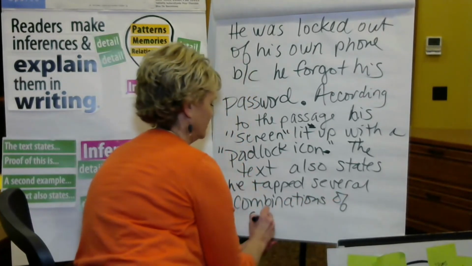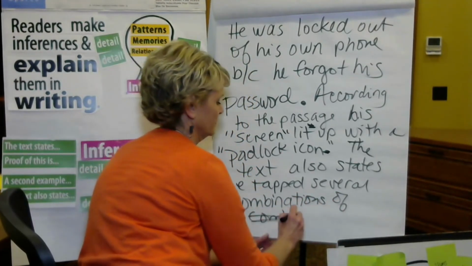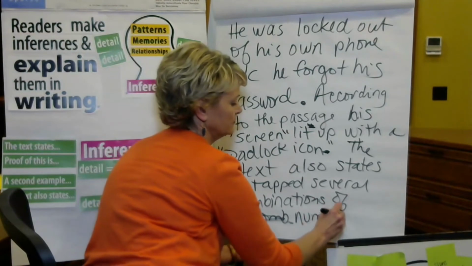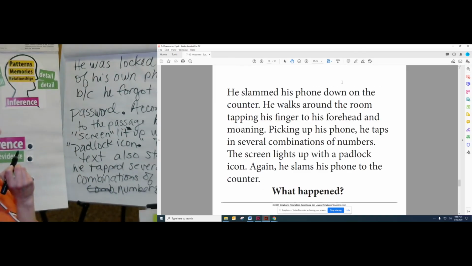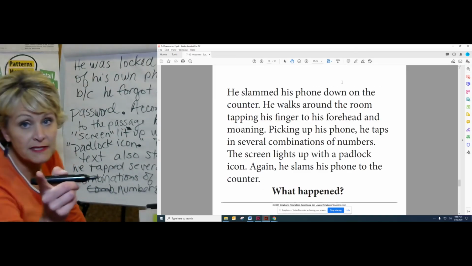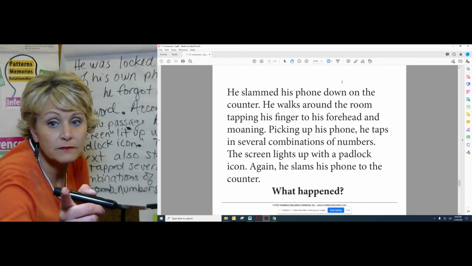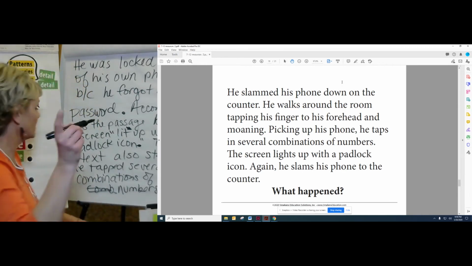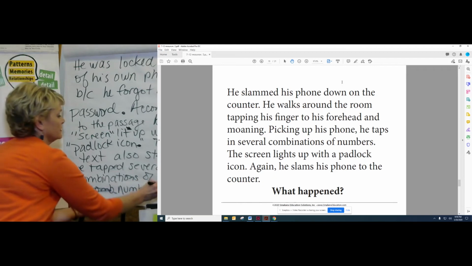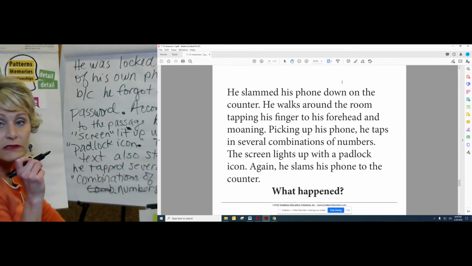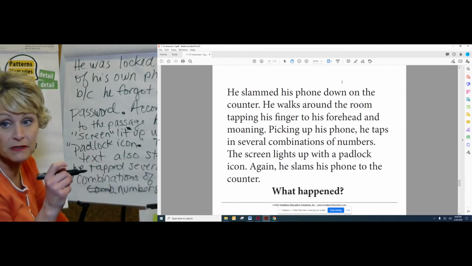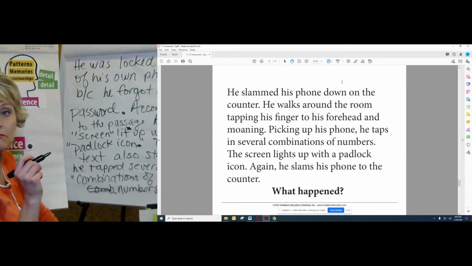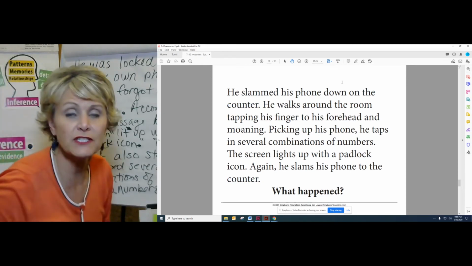Got it. Where are you putting your quotes? Look back at the passage. It's on the screen. Combinations of numbers. Anything else? Yeah, we changed it to tapped, but tap, yeah. Okay, good. You guys, you just did it.